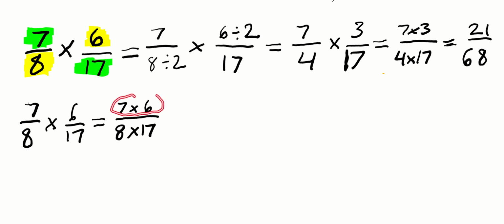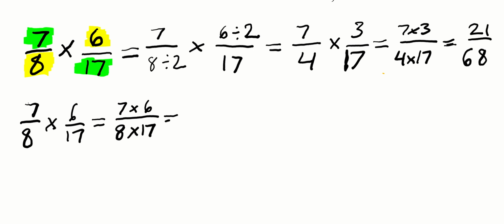Because the 7 times 6 will be commutative, and this 8 times 17 will be commutative, meaning that the order will not matter in either of these pairs.